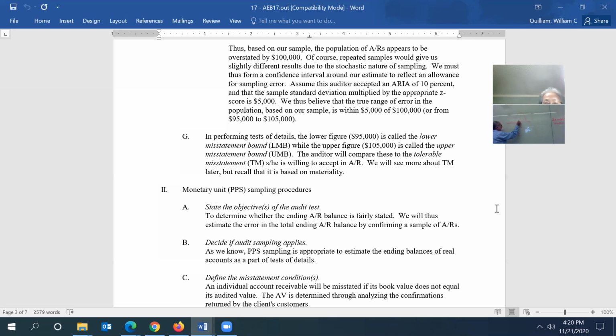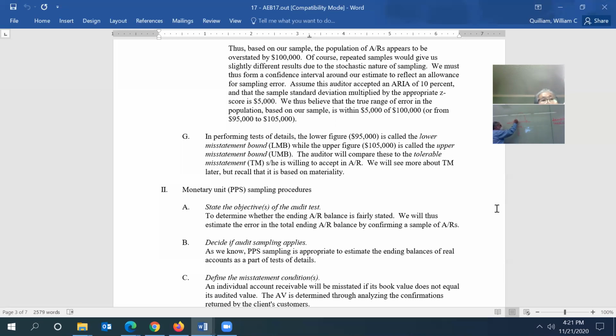So what is the range in which we think this true population value of error is going to lie? Again, if this were a stats class, we would be calculating the standard deviation of the sample and multiplying by a z-score. Well, that will be done for us in some tables in this class, so we won't worry about that.